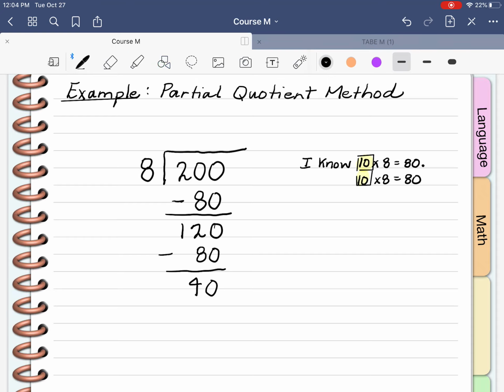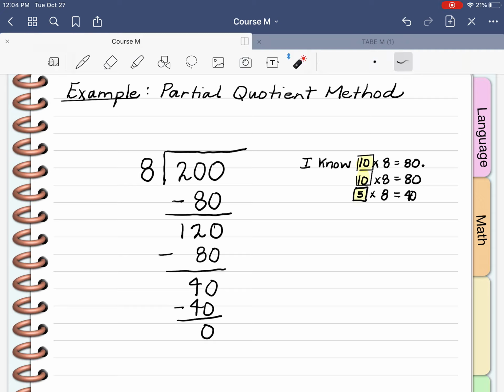And now I'm left with 40. So what times 8 would terminate this problem, would finish that problem off? What could I put in that box that would finish this problem to 0? In other words, I want to get this problem down to nothing. And that's a 5. 5 times 8 is 40.